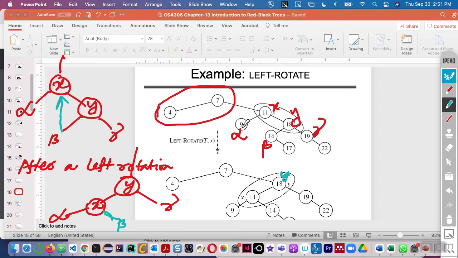x has 9, right? Child 9. So x will come over here, okay. And then let us do beta, this one for sure, right? Then this is gamma, and it has maybe gamma 1 or whatever you think.